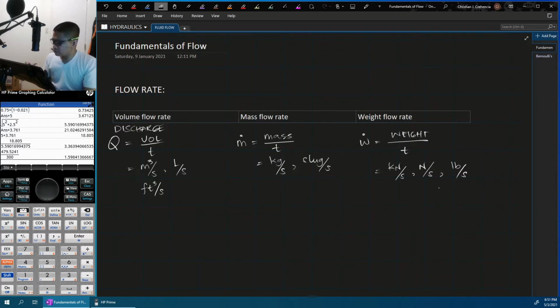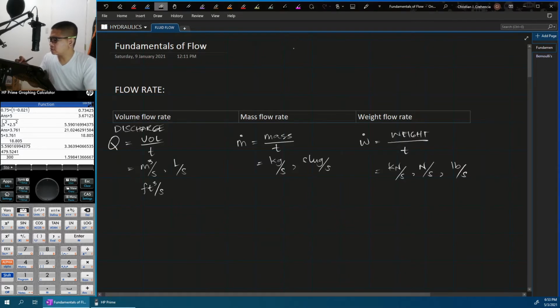Okay? So, in terms of their formulas. So, in fluid mechanics, ano ba ang madalas na binibigay na property ng fluids? So, madalas, we were given the specific gravity, the density, or the unit weight. Okay? And alam natin na yung unit weight is, actually, that's the density times the gravity.